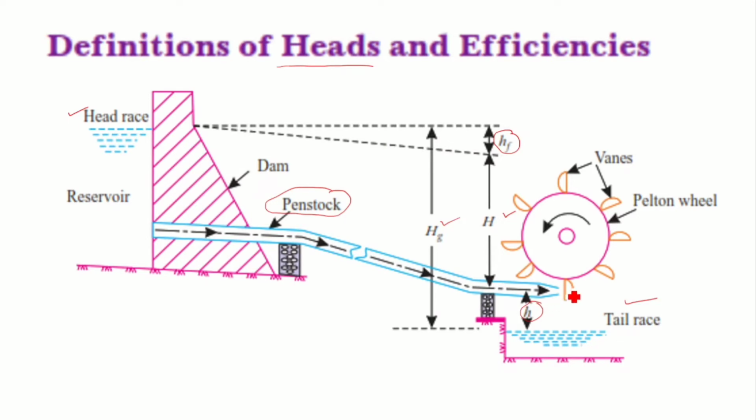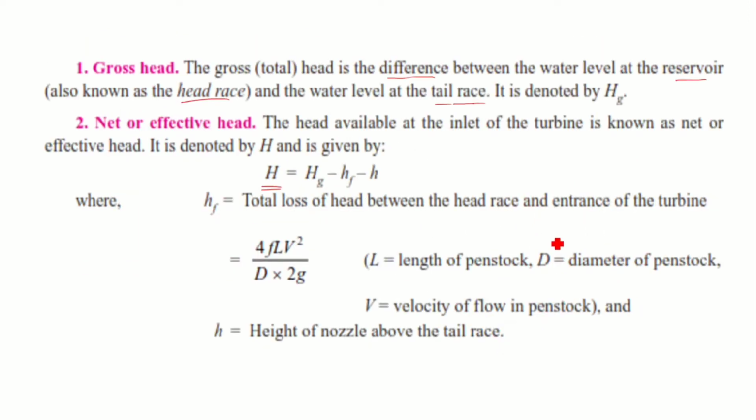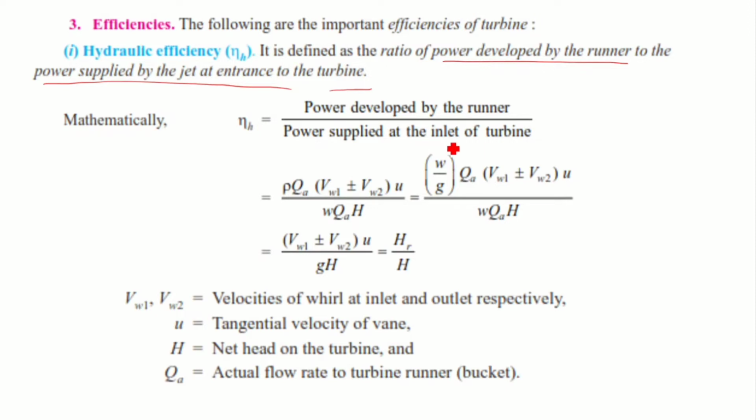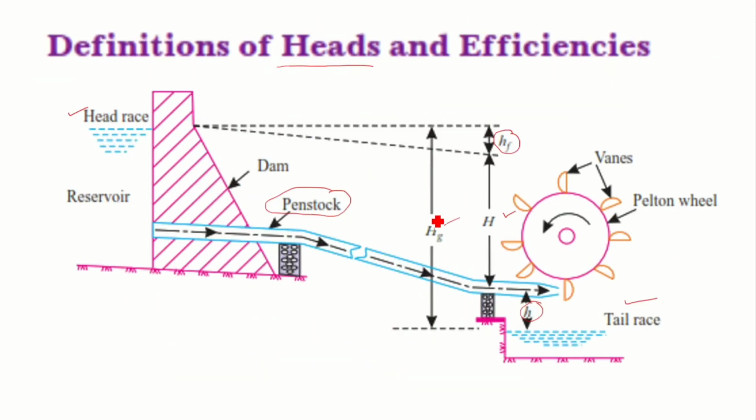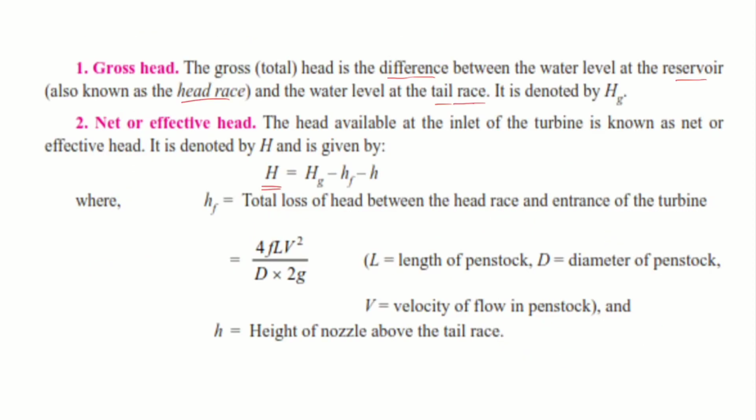So we are supplying water here. The output is the power developed by the runner, divided by the input, which is the power supplied at the inlet of the turbine. That means the power supplied by the water to the turbine, so we need to take the actual amount of water striking the vane.